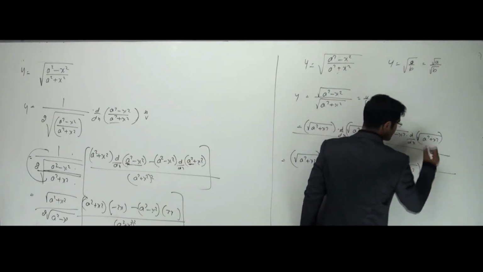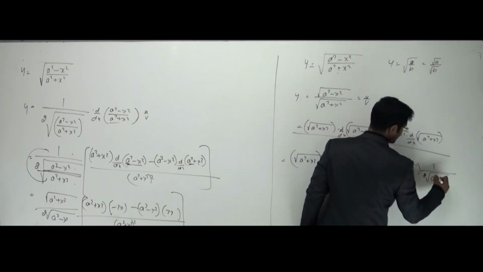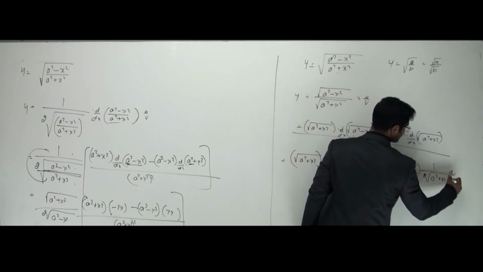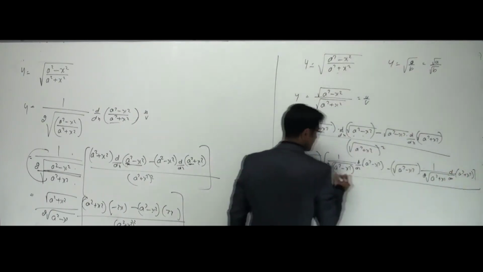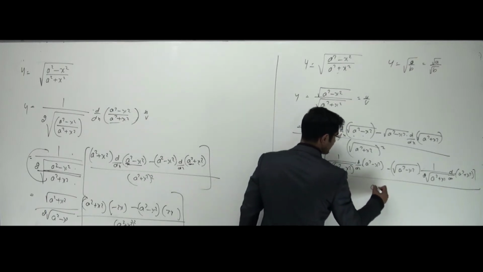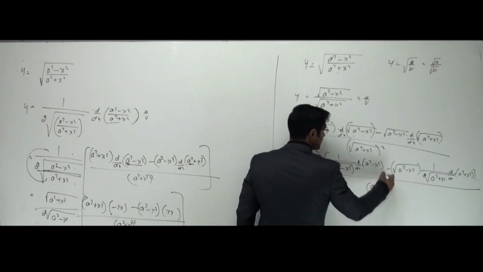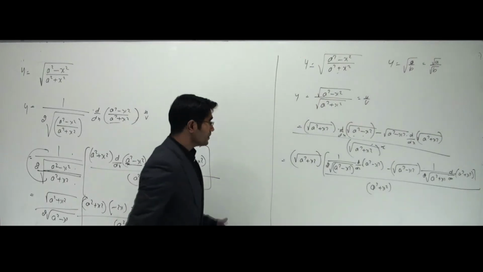Again, the root function is there, so it goes like 1 by 2 root of a squared plus x squared into differentiation of a squared plus x squared. Very nice, simple. And the denominator, I can write a squared plus x squared. I can cancel these two. Now what's left?